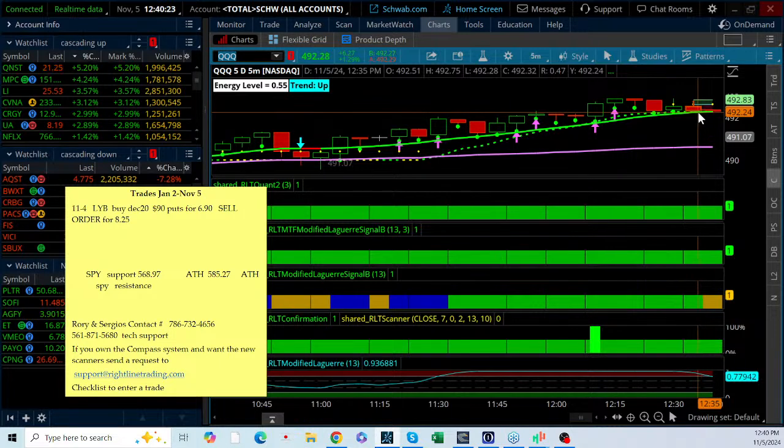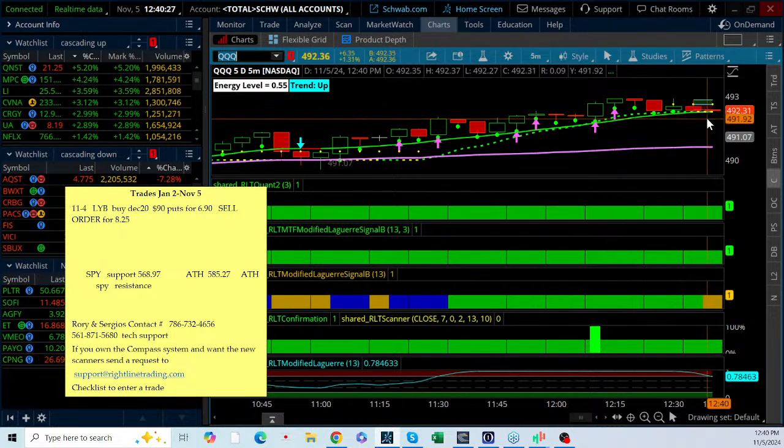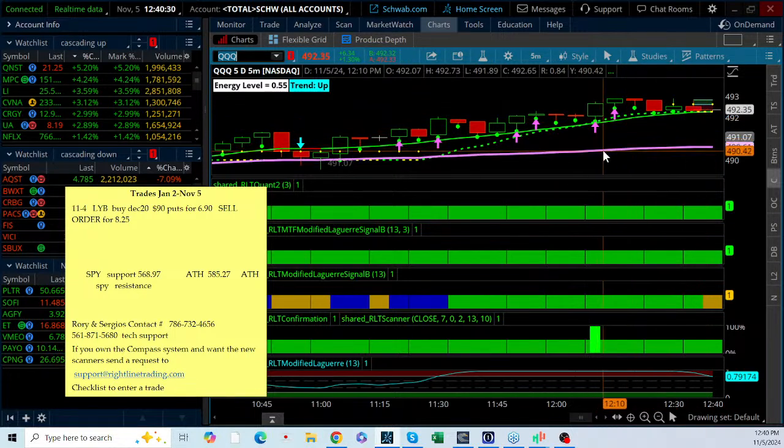Again, it's right at the 15 EMA, which is an entry level. If it pops off of here, you need to have confirmation of a break to the upside.